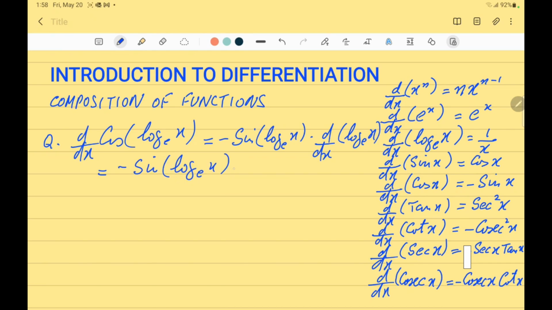Differential of log x is 1 over x. So our final answer is minus sine log x over x.